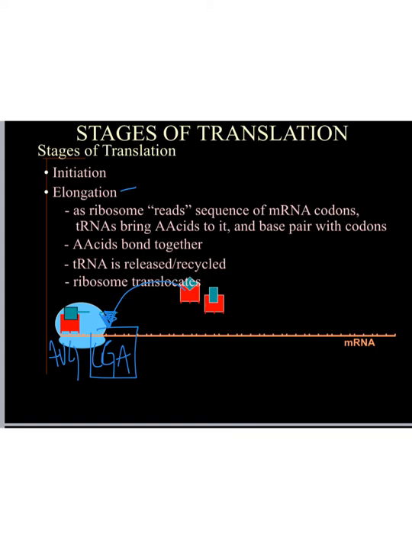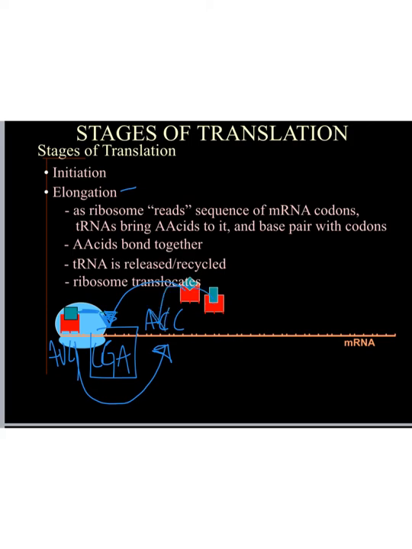So the amino acids are going to form a bond, and the tRNAs are going to be recycled and released and reused in the cell, and the ribosome is going to translocate down the mRNA to read the next codon. The next one might be ACC. Okay, so here's our next codon, and it's going to code for another amino acid.